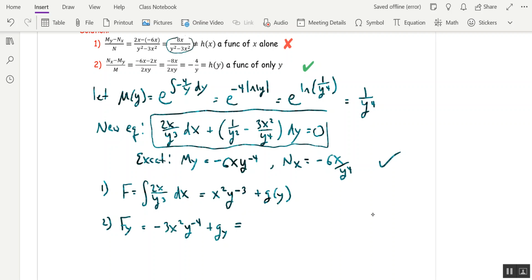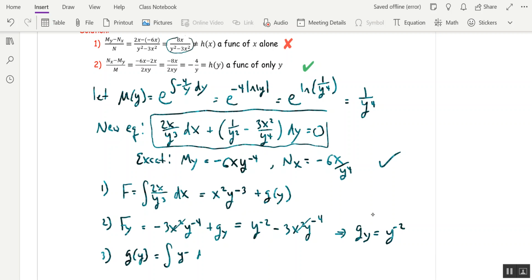N is, I'm going to switch to negative exponents, y to the negative 2 minus 3x squared y to the negative 4. So this cancels with that, and I get g sub y is y to the negative 2. So step 3, g of y is the integral of y to the negative 2 dy, which is negative 1 over y.